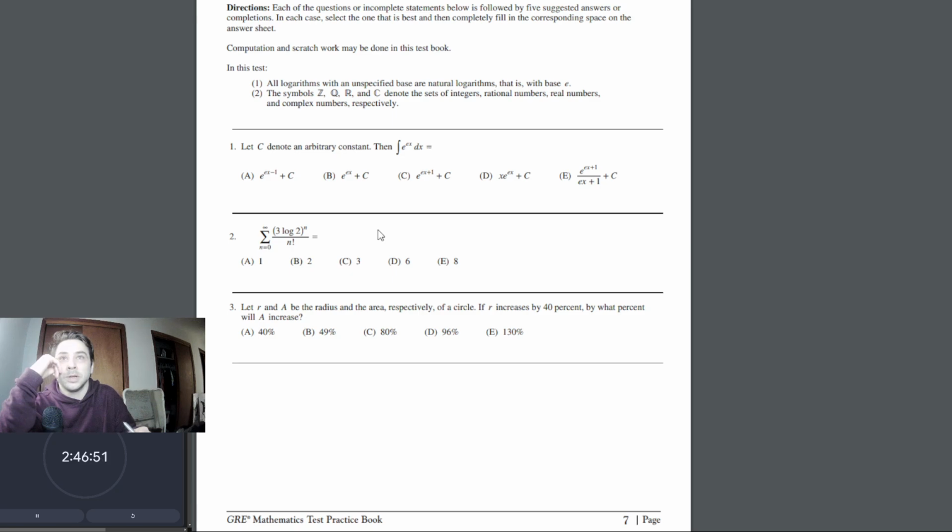Next question: sum to infinity, 3 log 2, and factorial.